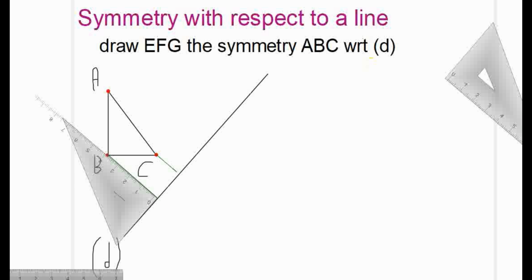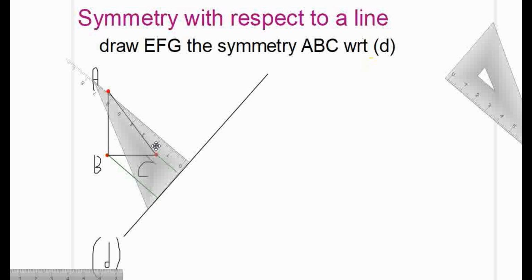Maybe I have 4 points, I don't know. However many points I have, I draw a perpendicular from each point in the figure. So I draw a perpendicular from B, and I will move it till I reach A, and draw a perpendicular from A.